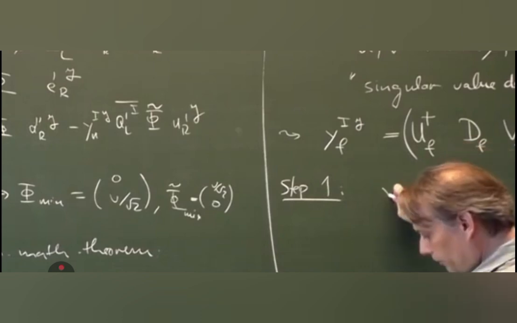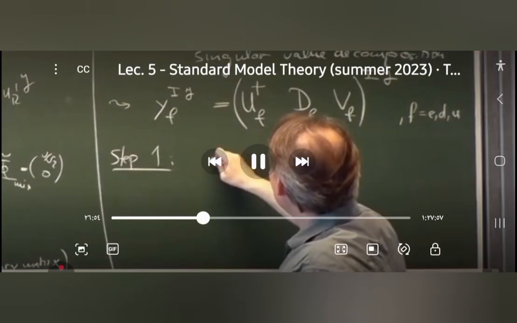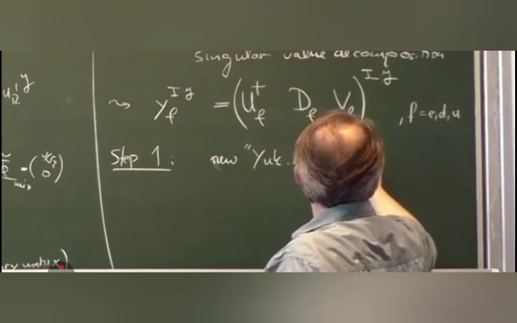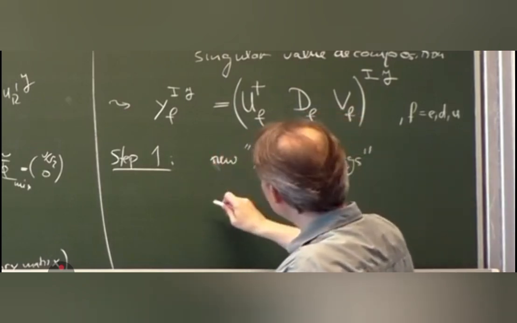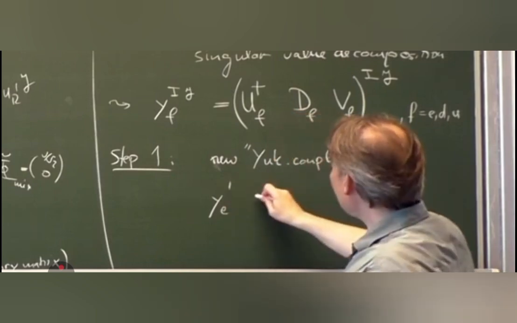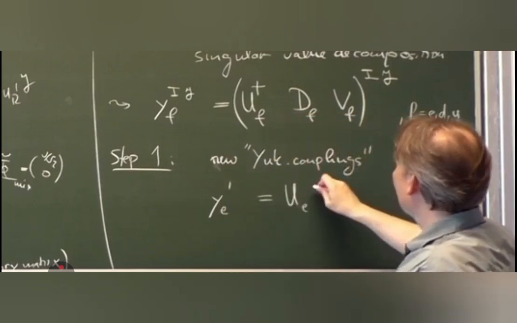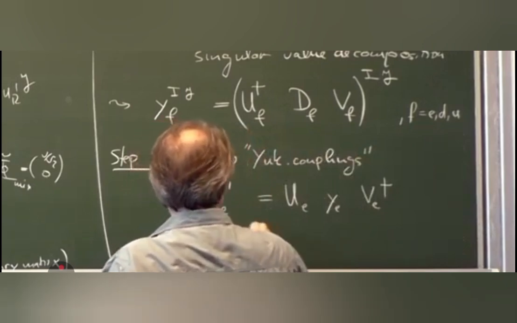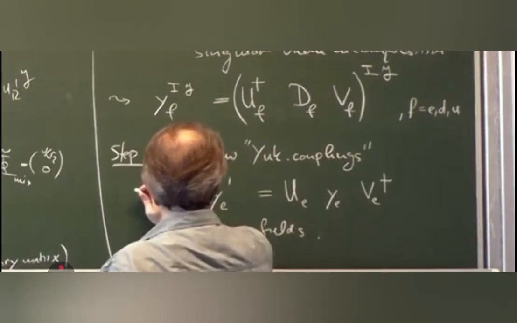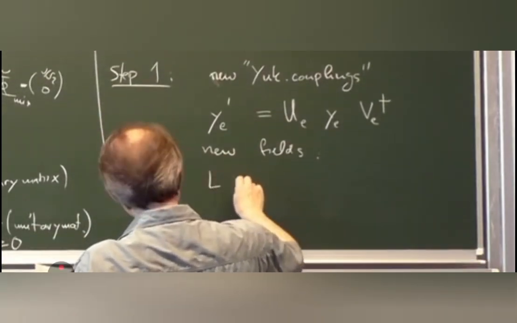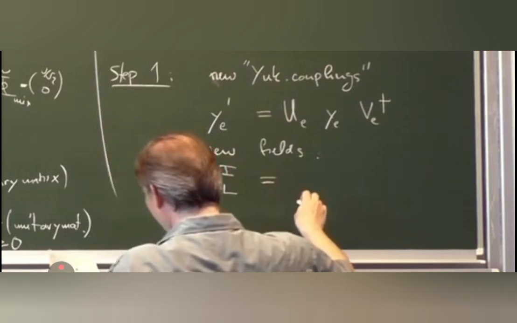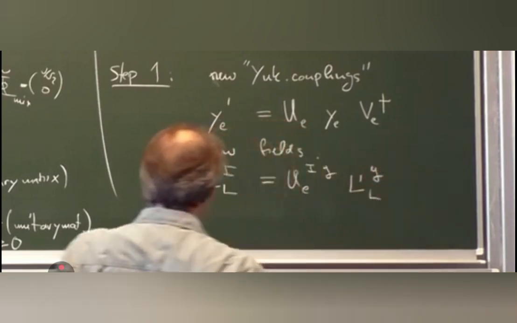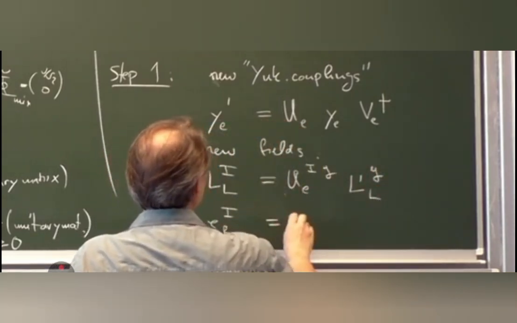Let us define new Yukawa couplings, namely YE prime as a matrix is UE times YE times VE dagger, and new fields of the theory, namely L without prime I is defined as UE IJ L prime J L, and for the right-handed ER without prime is the same with V.